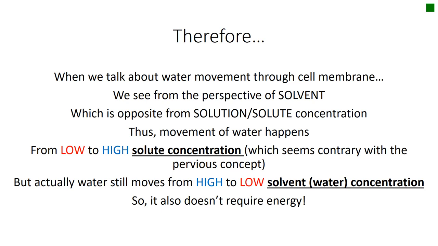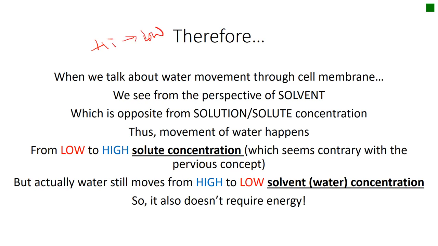Why do I have to emphasize this? Because believe it or not, this creates such a confusion between students. In the previous concept of simple diffusion and facilitated diffusion, substances must move from high to low, right?